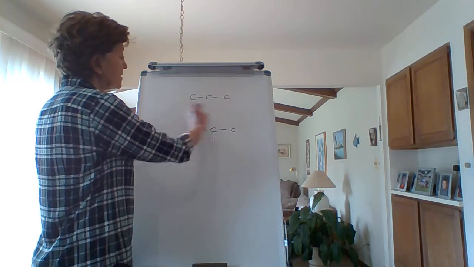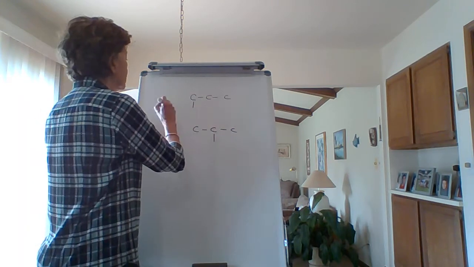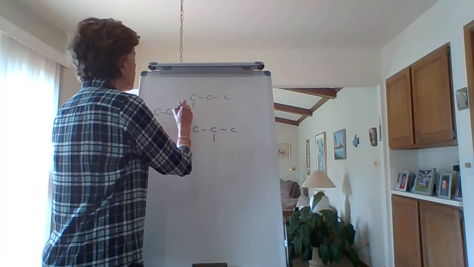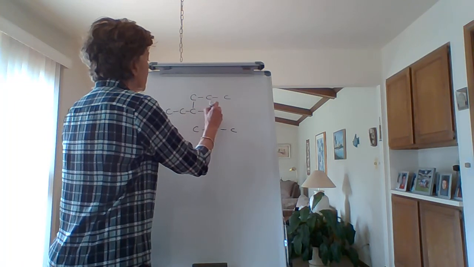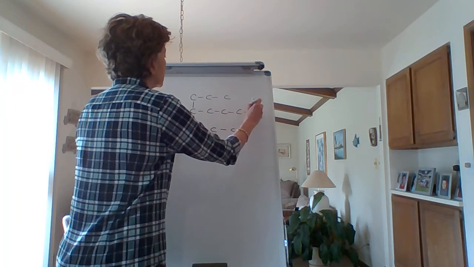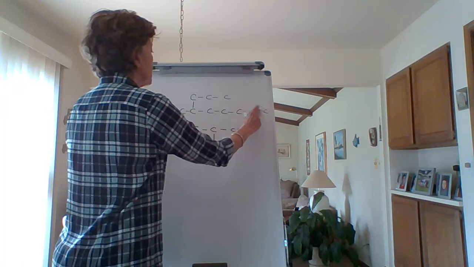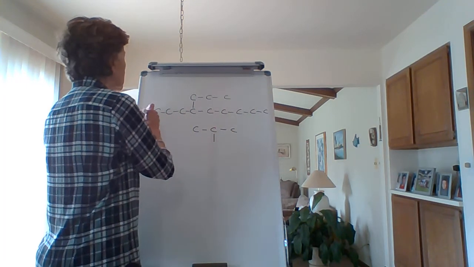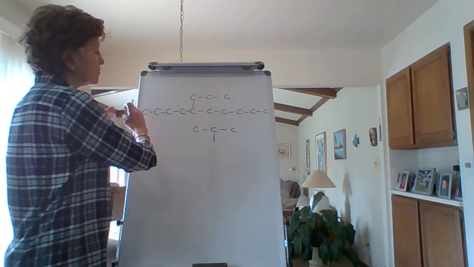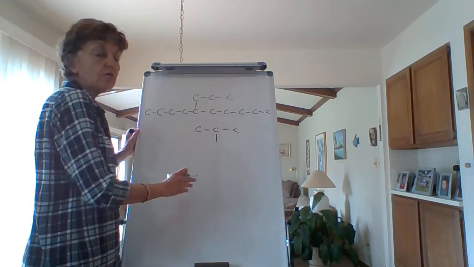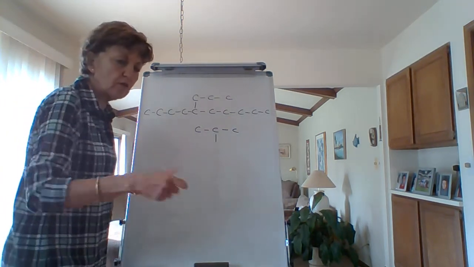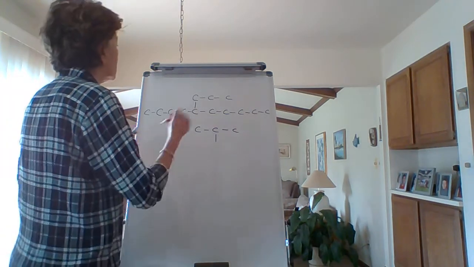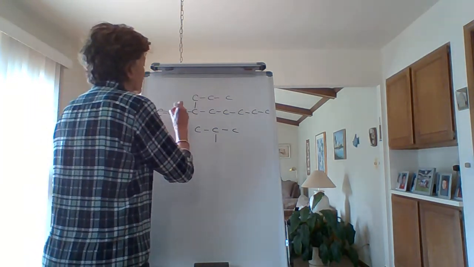So let's pretend that this is a big long parent here. 1, 2, 3, 4, 5, 6, 7. Big long parent, okay? So these are 10 carbons in a row. And if I was going to do the longest parent chain, this is the parent.